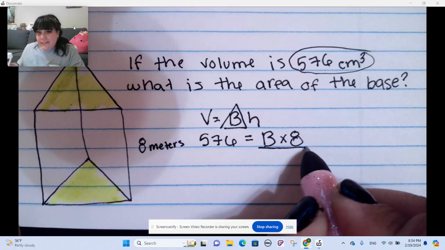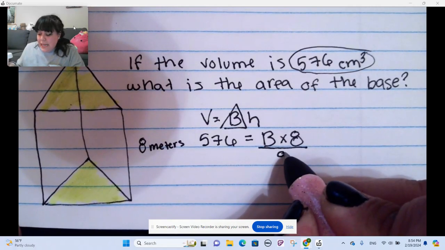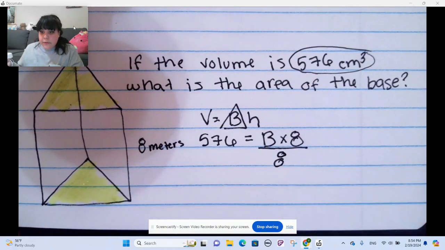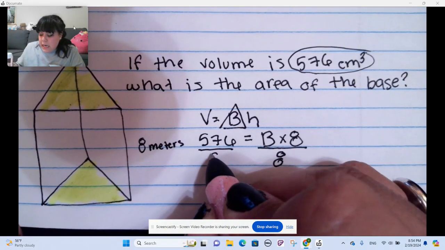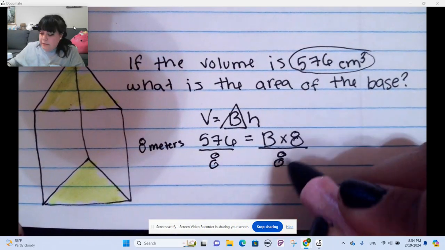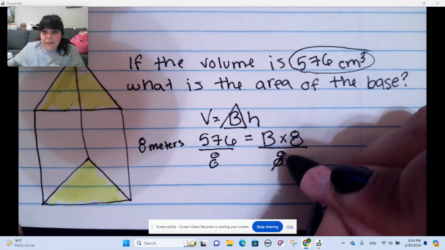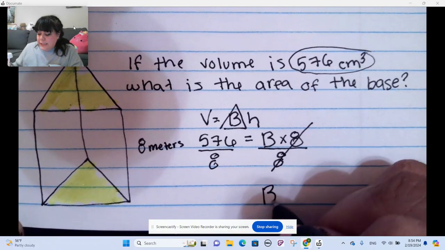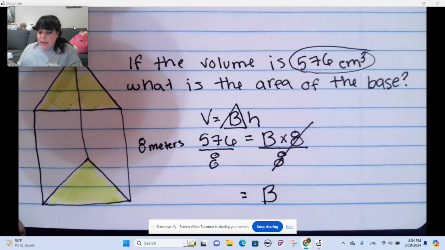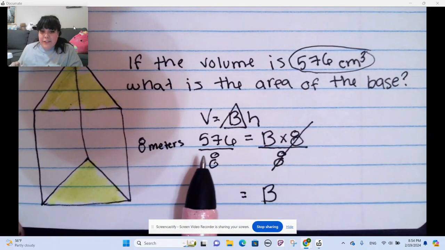So I'm going to divide by the number that I want to move. So divide by 8. And if I do it to one side, I'm going to do it to the other side. So these 8s over here are going to cross out. And I'm left with just my B, which is what I wanted.